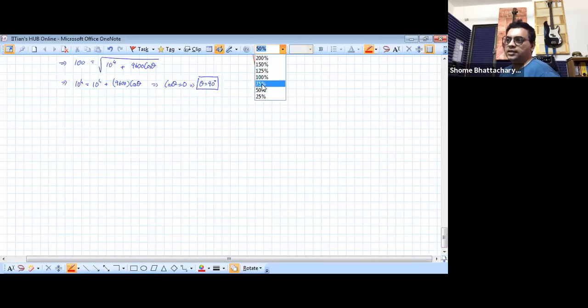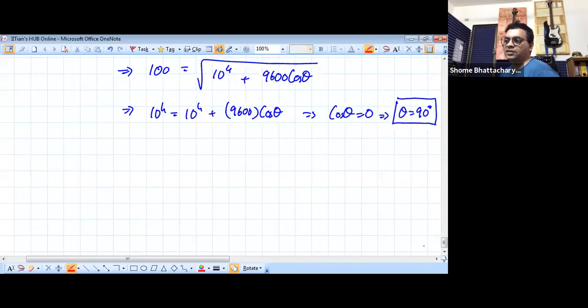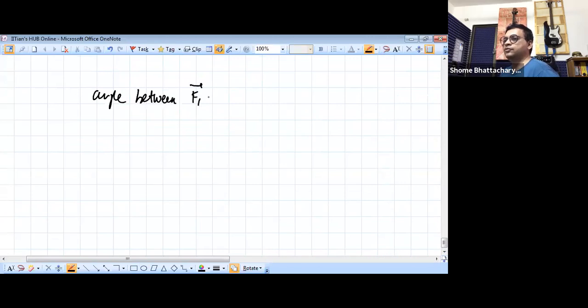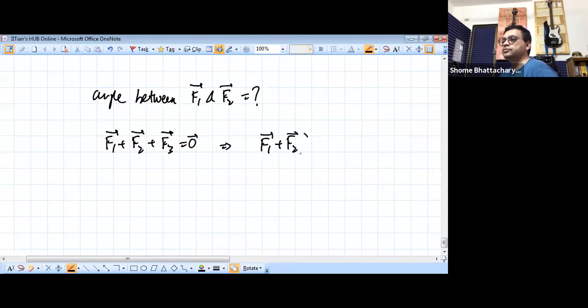But again, we will study Lami's theorem a little bit later. So don't worry. So in this same question, if I wanted to find the angle between F1 and F2 instead, I'd say that F1 plus F2 plus F3 is equal to 0. This now I'll imply as F1 plus F2 is equal to minus of F3.